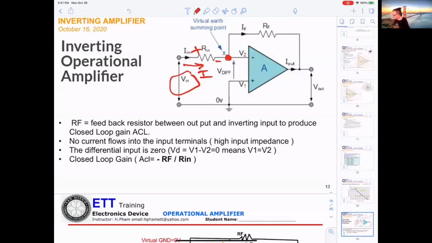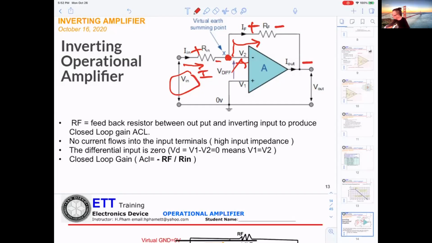First thing, it cannot go into the op amp. The reason is the op amp has high input impedance. Then it will go up. On this side, that will be negative.